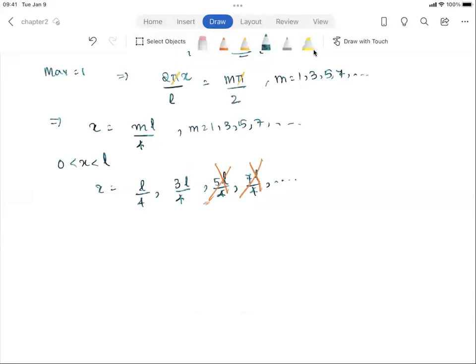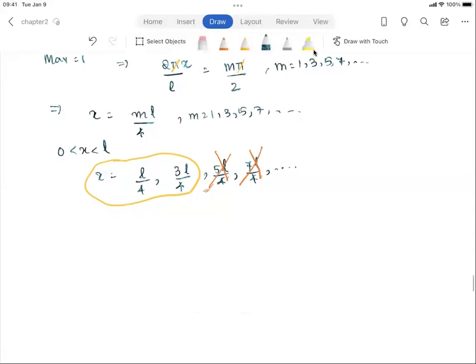So they're not possible. So x equals L by 4 and 3L over 4 are the values inside the box at which you're going to find maximum probability of finding the particle inside the box.